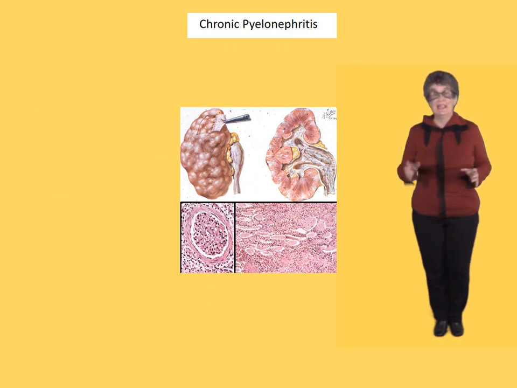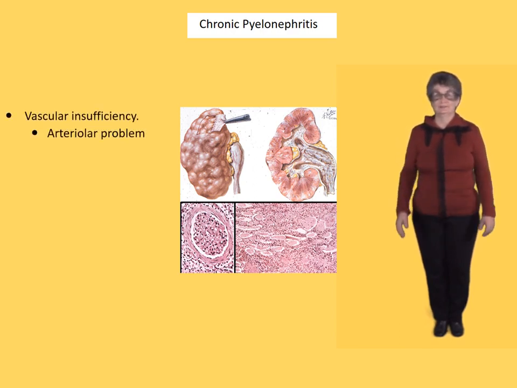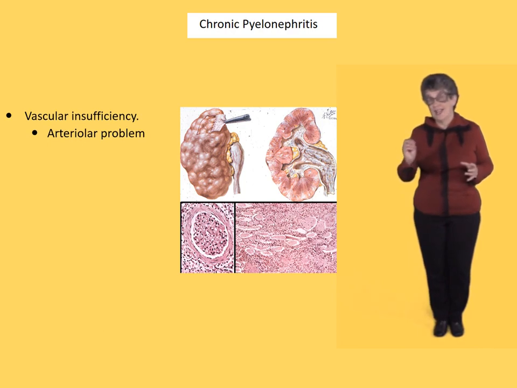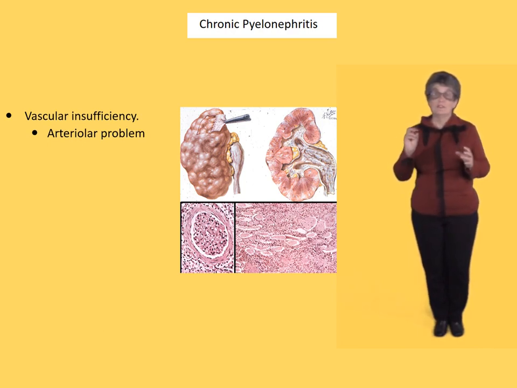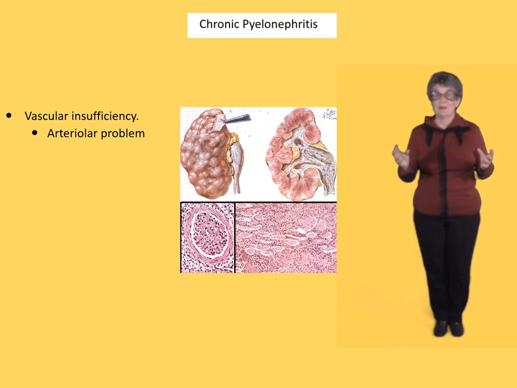Sometimes the kidney gets chronically inflamed, chronic pyelonephritis. There are many reasons for this. A common one is vascular insufficiency. Some people, often due to hypertension, have poor perfusion of the kidney parenchyma. The little arterioles in the kidneys get smaller and smaller, and the kidney doesn't get enough blood.